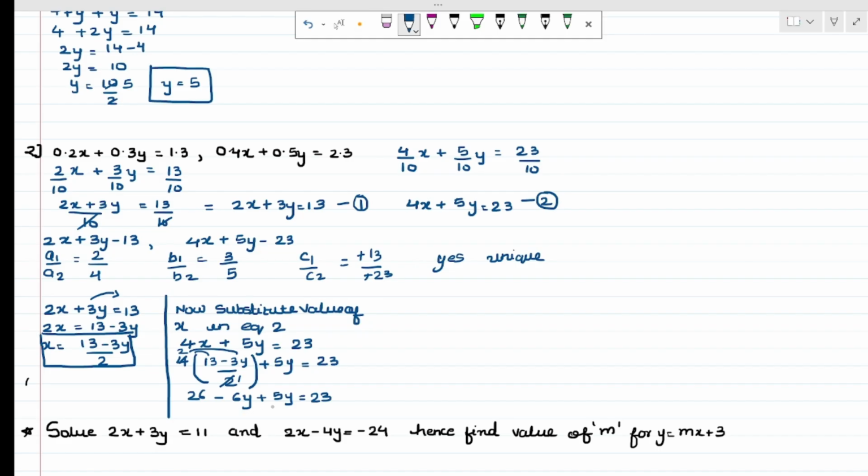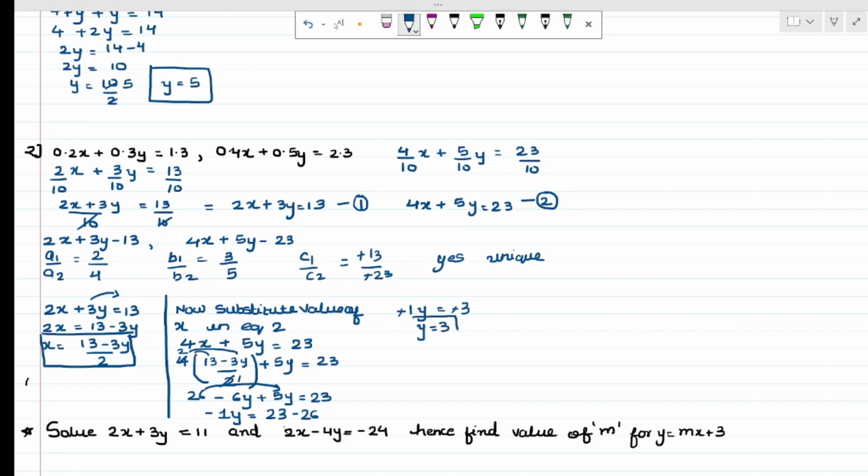So, minus 6y plus 5y, you will get minus 1y equals 23. This positive 26 goes over there and it becomes minus 26. So, what will you get? Minus 1y is equal to 23 minus 26. You will get your answer as negative 3. Minus minus is getting cancelled. So your y is equal to 3.